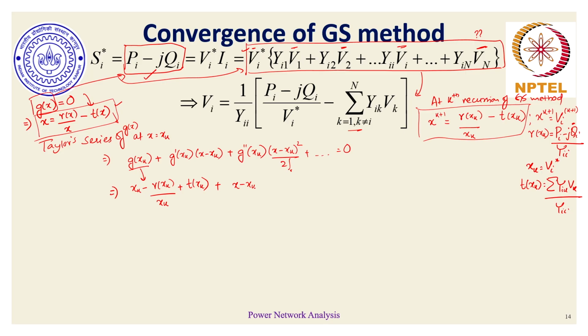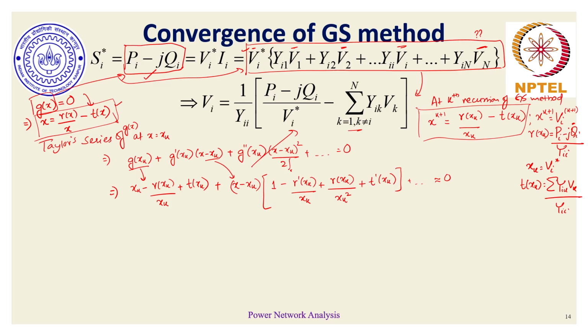Then I have (x minus x_k), which is the term over here, multiplied by the first derivative of g at x_k, which would result in 1 minus R'(x_k) by x_k plus R(x_k) by x_k squared plus T'(x_k), and so on, almost equal to 0. I am neglecting the higher order terms for the sake of simplicity of our discussion.